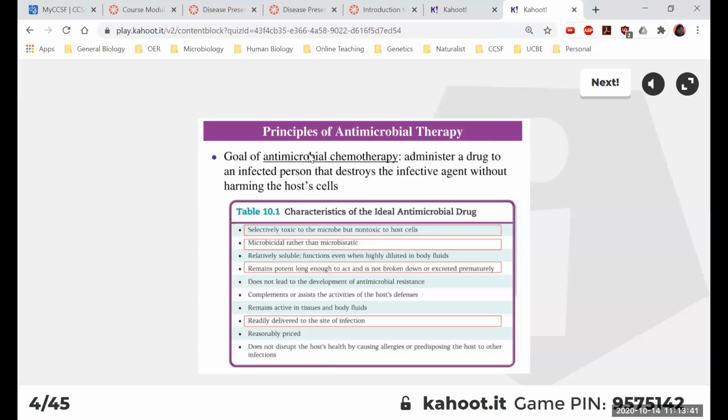And in general, you would prefer the drug to be cidal instead of static, because with static, you just keep the growth in check. In reality, if the drug is cidal, it might be a high dose and it might end up being toxic to host cells. So this is the wish list, but in the end, it's a compromise of different criteria.